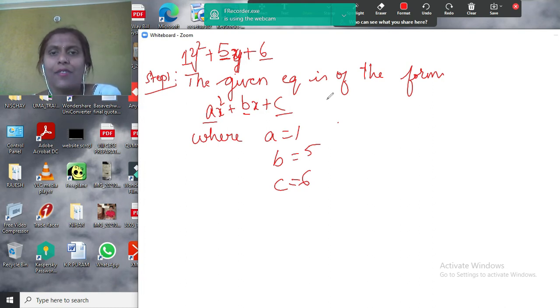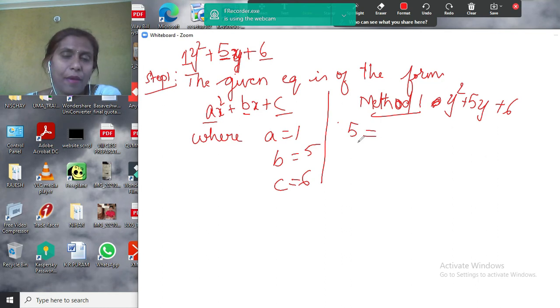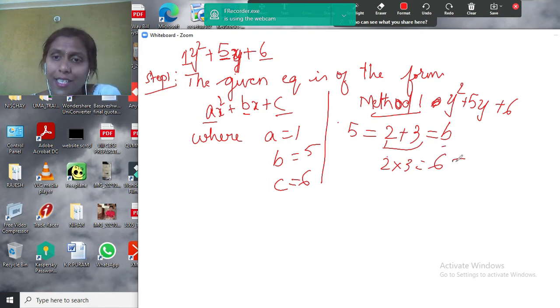So for that, what I did earlier, method 1: take the equation y square plus 5y plus 6. I'll work with B, which is 5. Can I take 5 as 2 plus 3? So the sum is giving me B. Can I take 2 into 3, which is 6, which is also equal to 1 into 6, your A into C?